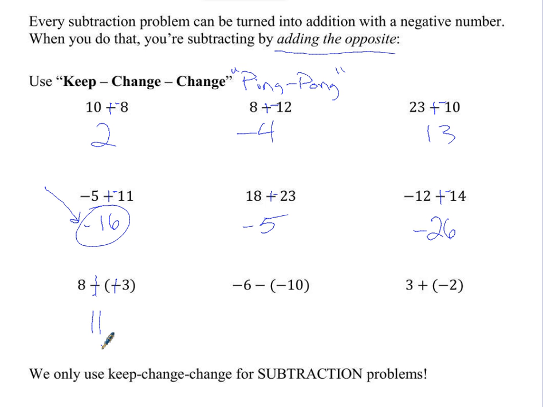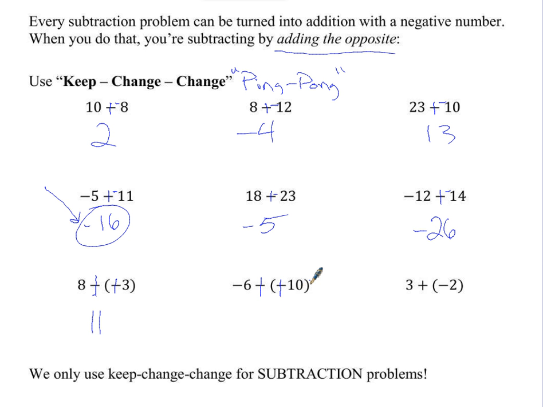This problem right here is the nasty problem, the one with all negative signs on it. This is probably the most difficult one, but if you follow keep, change, then you will probably not get it wrong. We're going to keep the sign of the first number, recognize that this means subtraction right here, and this means you have a negative number. So keep, change. And now we have negative 6 plus 10.